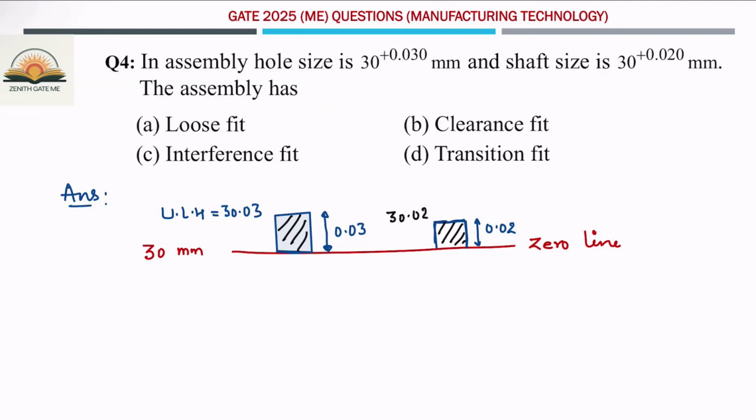So what is the correct answer for this question? The correct answer is option D only, transition fit. Why?